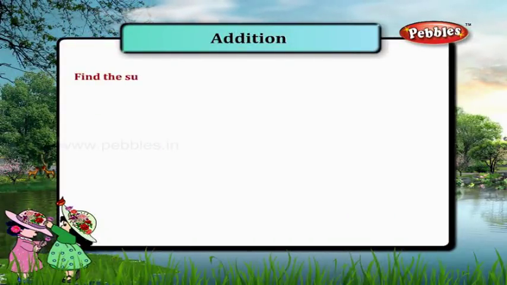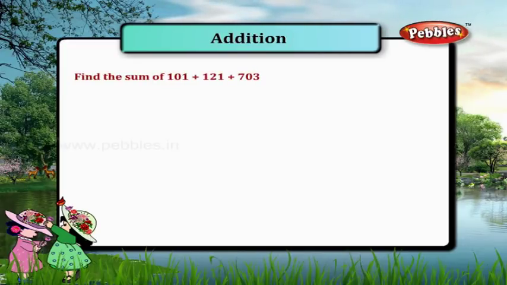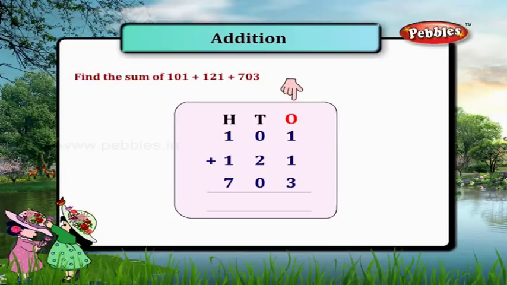Find the sum of 101, 121 and 703. Add the ones. 1 plus 1 plus 3 is equal to 5. Add the tens. 0 plus 2 plus 0 equal to 2.